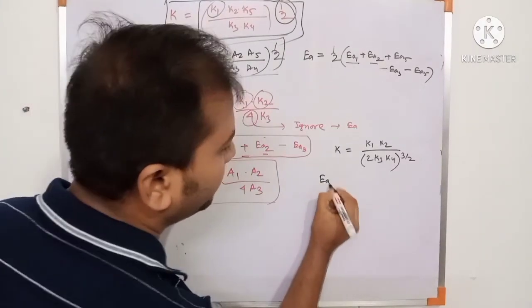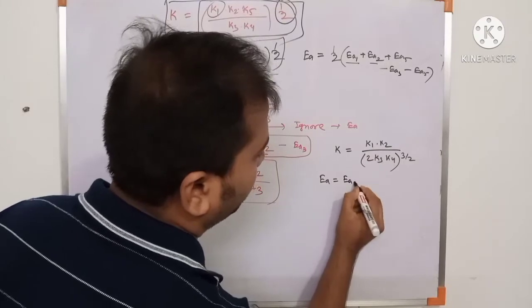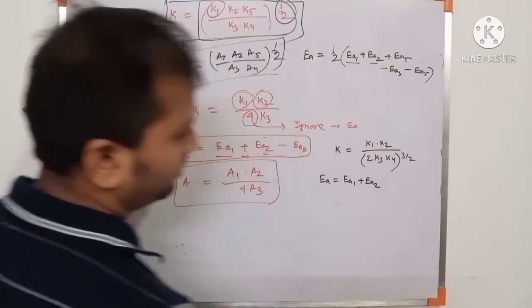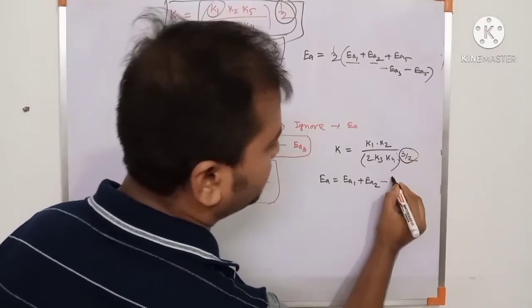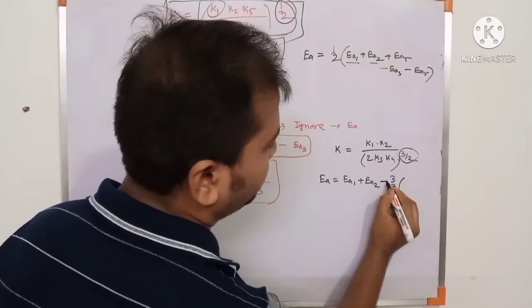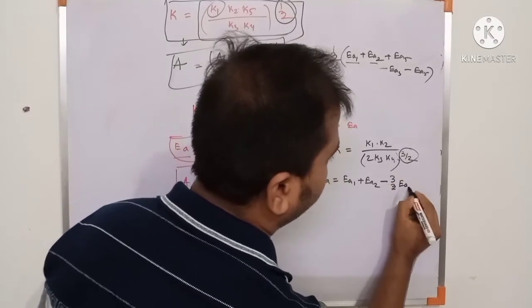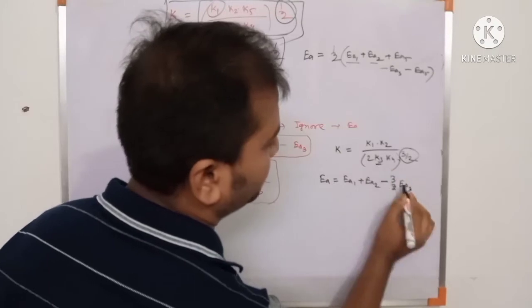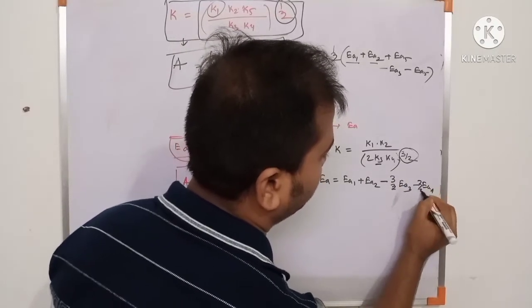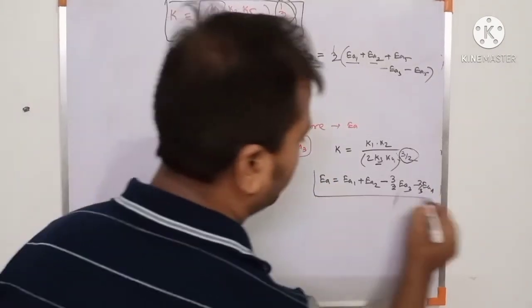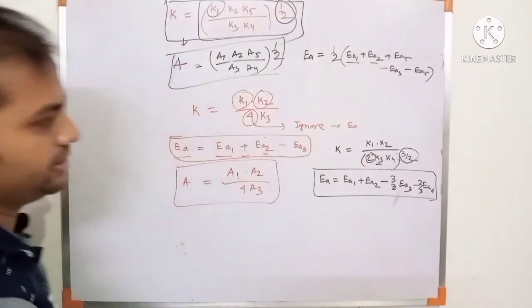Calculate EA: first this is multiplied, so addition EA1 plus EA2, minus, now this is the power, so substitution EA3, the rate constant 3 substituted by EA3, minus EA4, and 2/3. This is the overall activation energy equation, but the 2 is not considered, it is an ignored part.